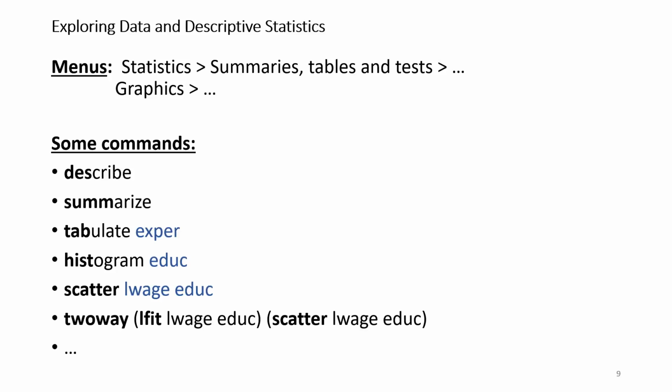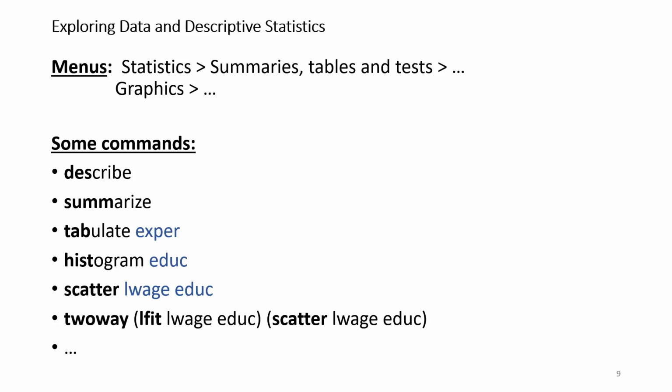then summaries, tables and tests, and then graphics, and we will do all these different options, and the options will lead you to use some specific commands like describe, summarize, tabulate, histogram, scatter, and twoway scatter.